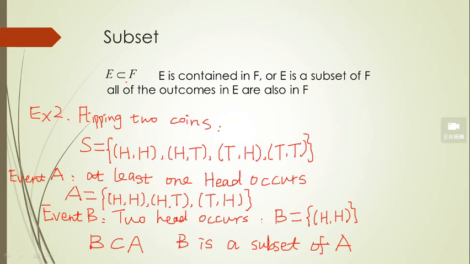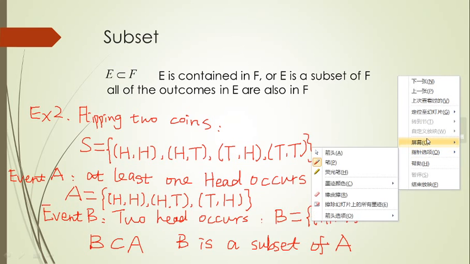What is an event? An event is a subset of the sample space. You can have only one outcome. One student in the group, Luffy, wrote just HH. That is not a notation for the event.